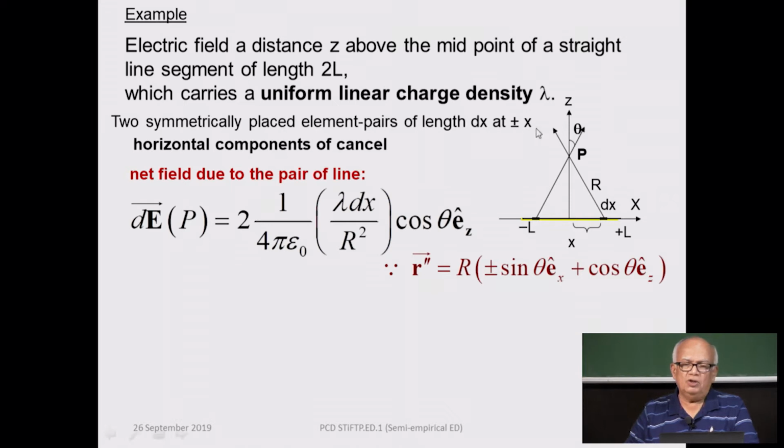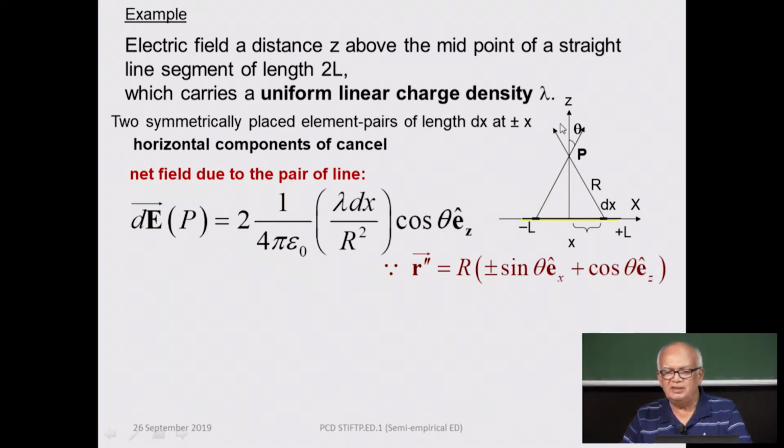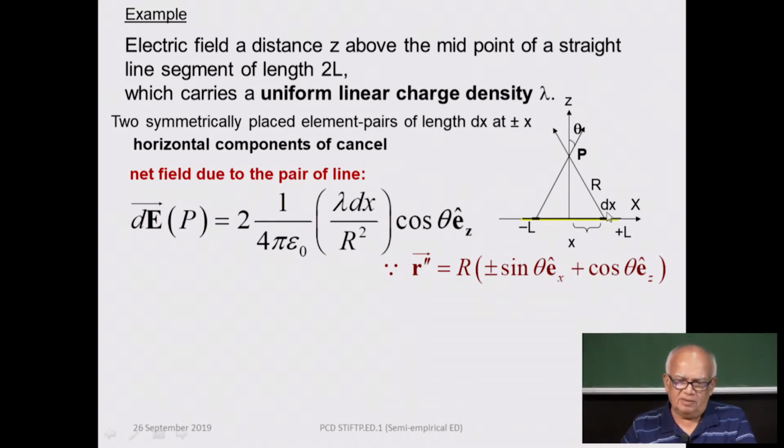So, the horizontal components cancel because of symmetry, and the vertical components will add up to give you a net intensity along the EZ direction which is from bottom to the top in this, right. Assuming that this is a positive charge, otherwise it will be attractive and the direction will be just the opposite.